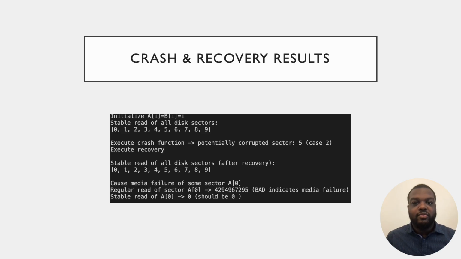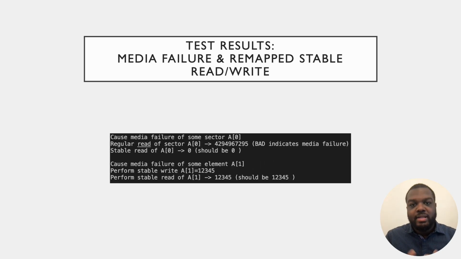Now that crash recovery is working, the next test is handling an actual media failure, when a disk sector becomes unreadable. This slide shows how the system handles bad sectors. First, I force a media failure by setting A sector 0 to the bad value.